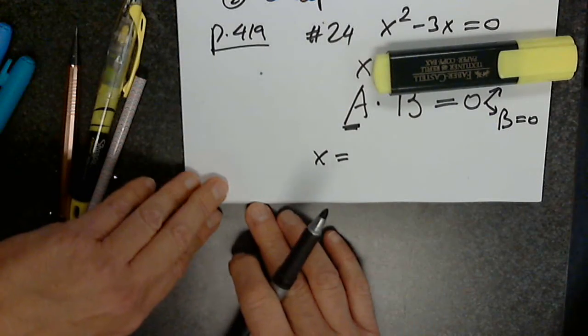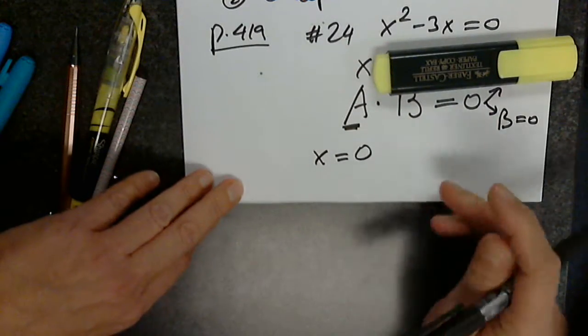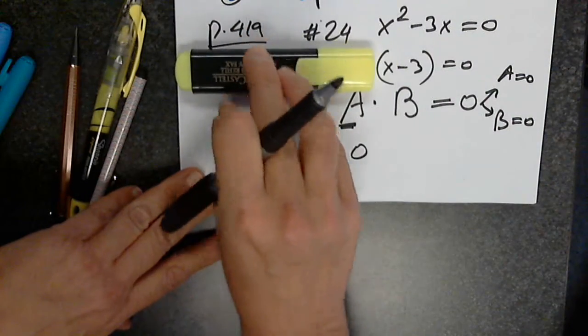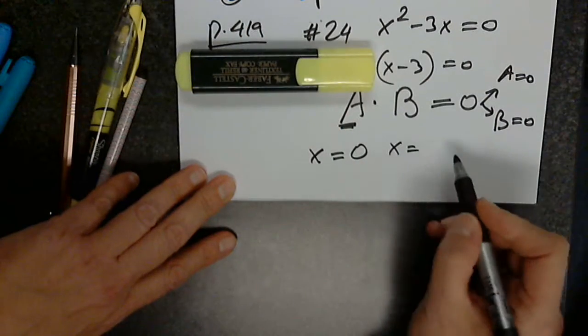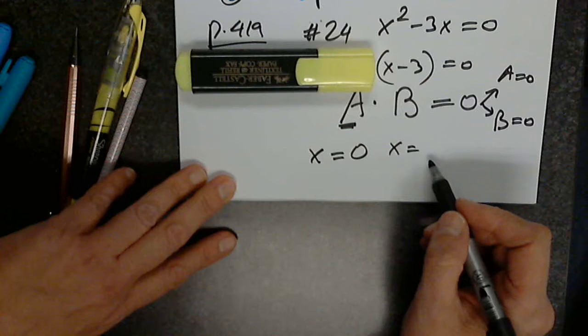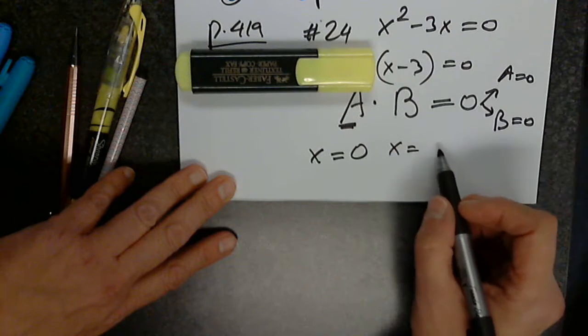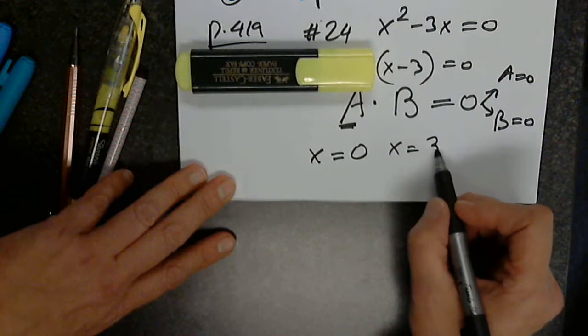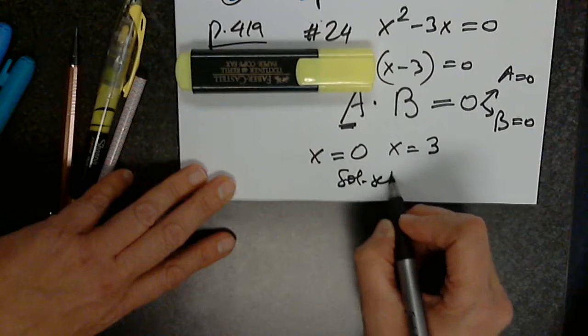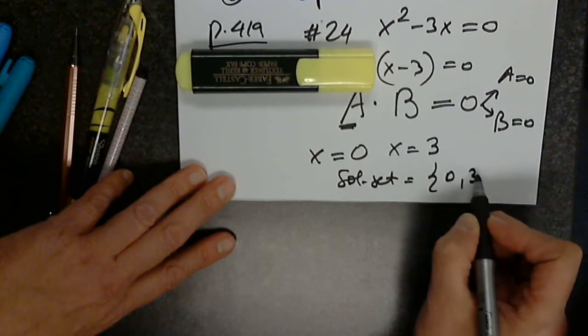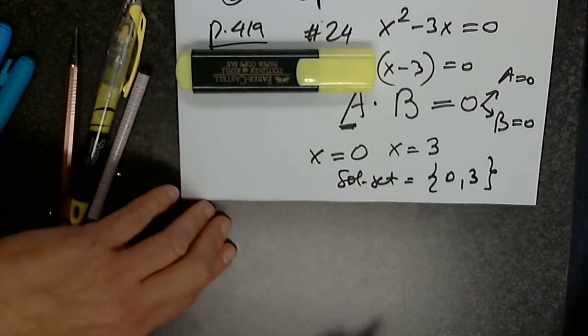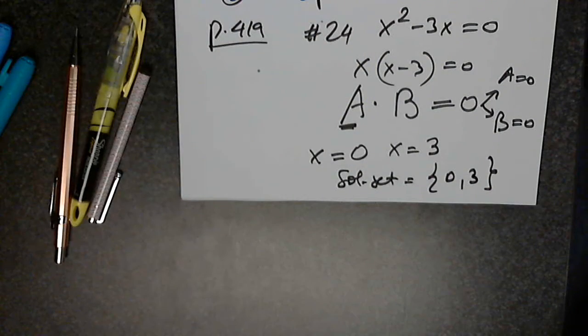If X is 0, X is 0. So if the other factor is 0, then X minus 3 equals 0. I move 3 to the other side, and I get X equals 3. So the solution set is 0, comma 3. No brackets or parentheses, braces.